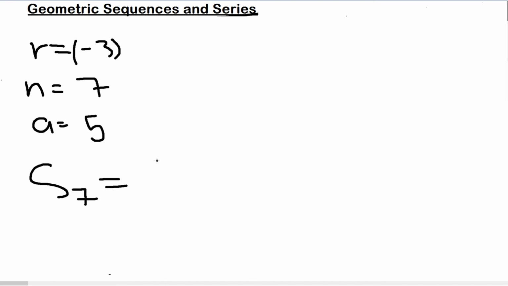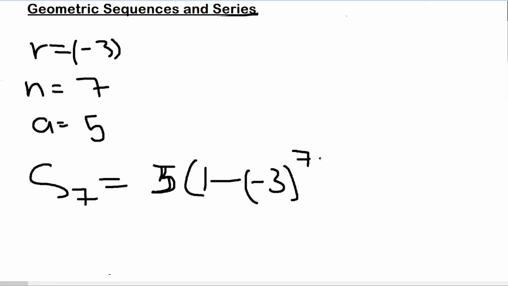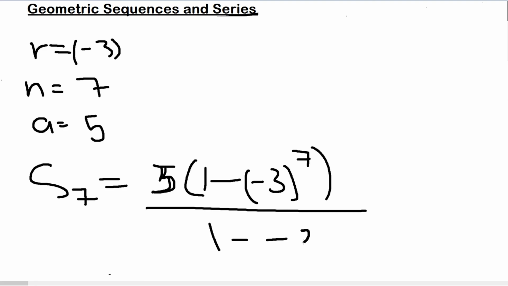So 5 times 1 minus negative 3 to the power of 7, divided by 1 minus negative 3. This will be given as 2,735 when calculated.